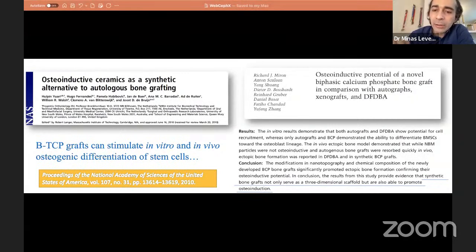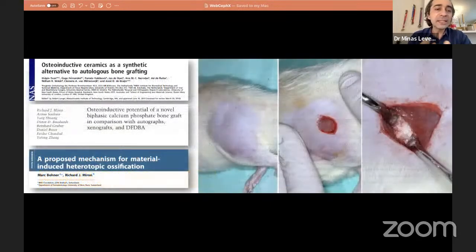That means that they not only serve as a three-dimensional scaffold, but also they are able to promote osteoinduction, meaning that they can recruit stem cells and transform those stem cells into bone-forming cells. This is important because with osteoinduction, we get even better quality of bone and we get faster, more bone.